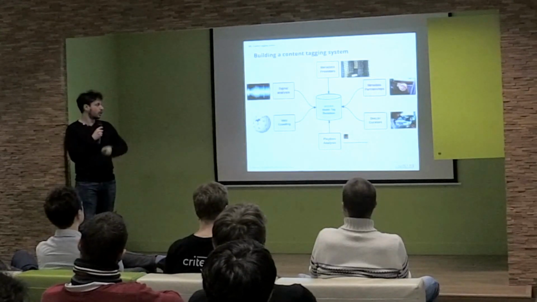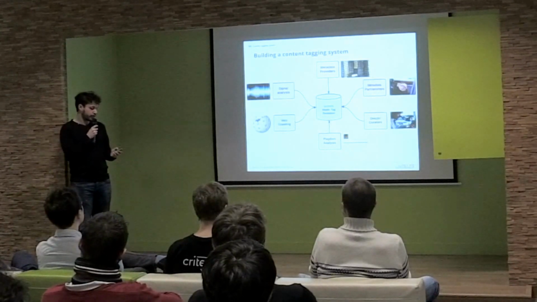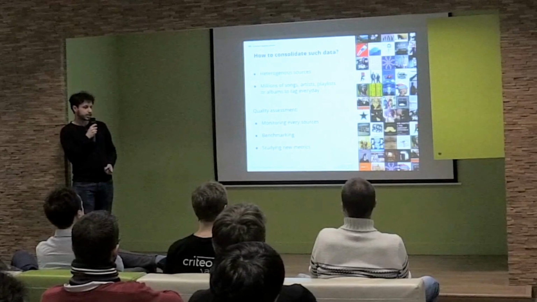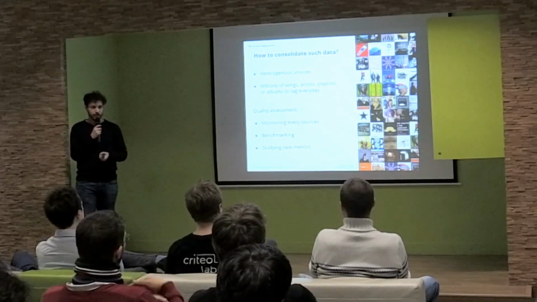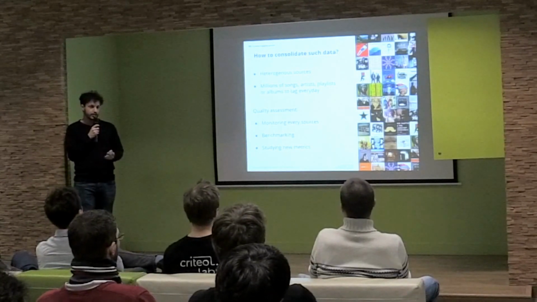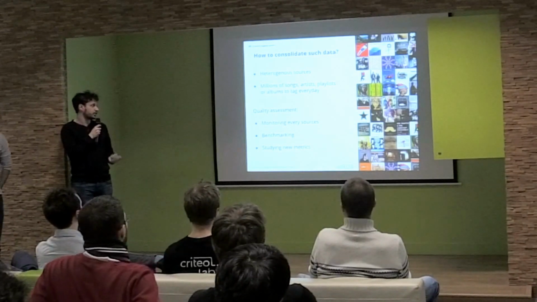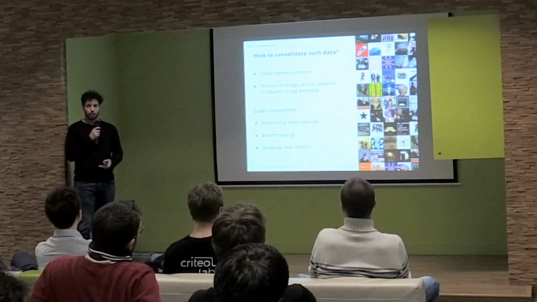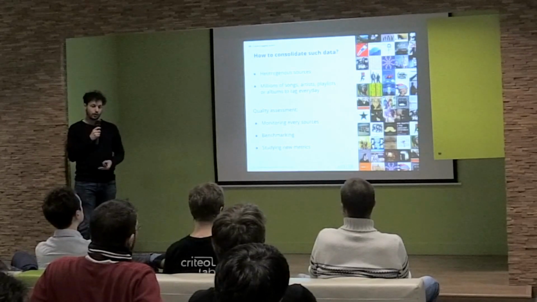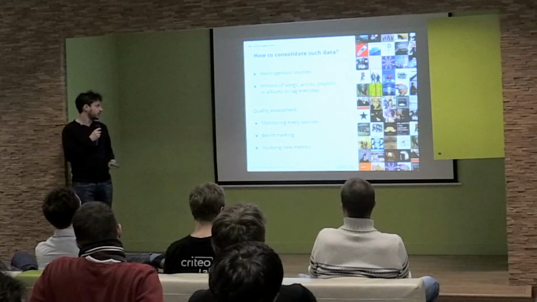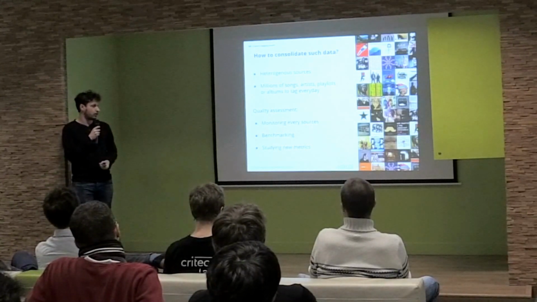And so, with all those kinds of sources, we have to gather them. And so it's a huge challenge because all those sources are different. And every day, we have millions of tracks, millions of artists, millions of playlists to characterize with hundreds, thousands of different possible tags. So we need to be really accurate.